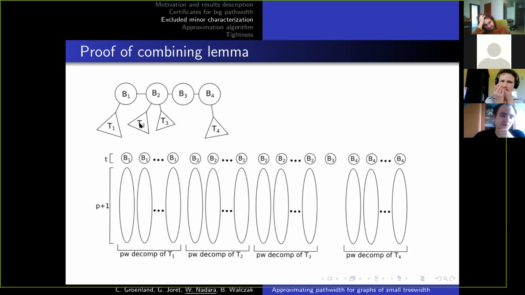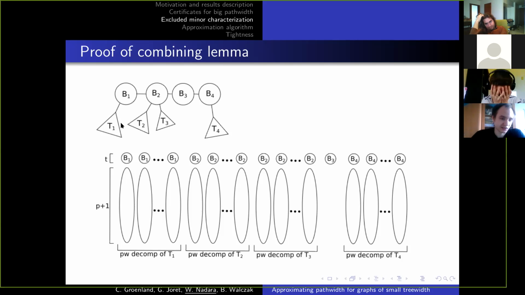So each connected component of what remained after removing vertices from these bags consists of vertices that are fully within one subtree of this tree decomposition, after removing vertices belonging to the corresponding bags.